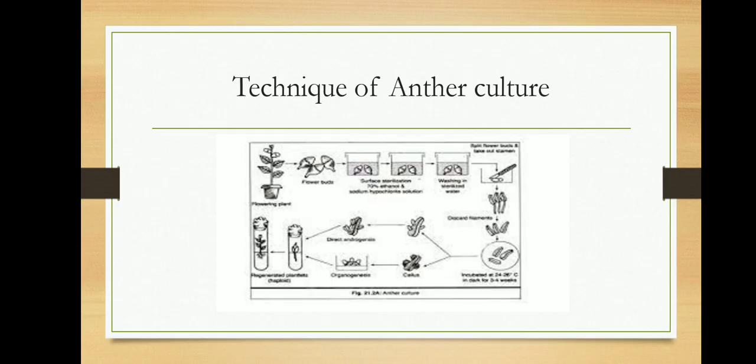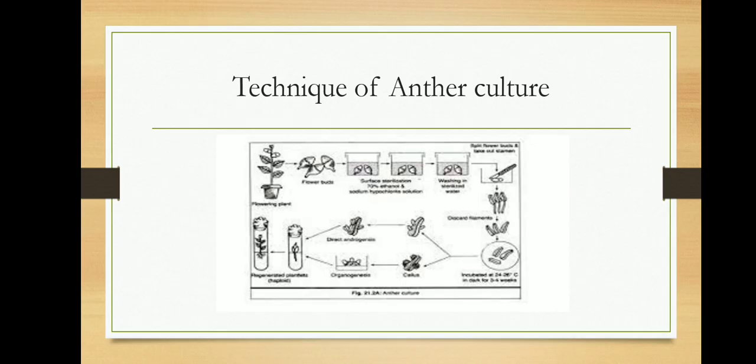After exposing the multicellular tissue from the burst pollen grain, in one way it develops into one embryo. From this embryo, we can get only one haploid plant. In the alternative way, the multicellular tissue gradually differentiates into callus.